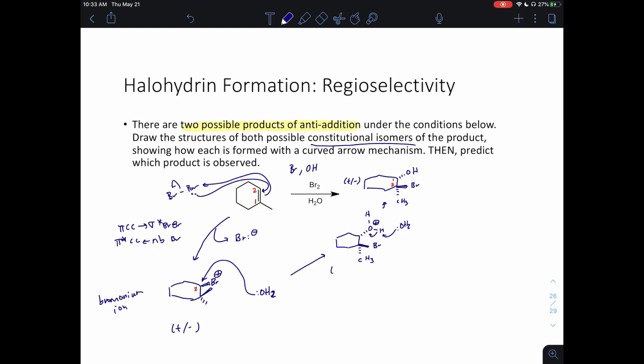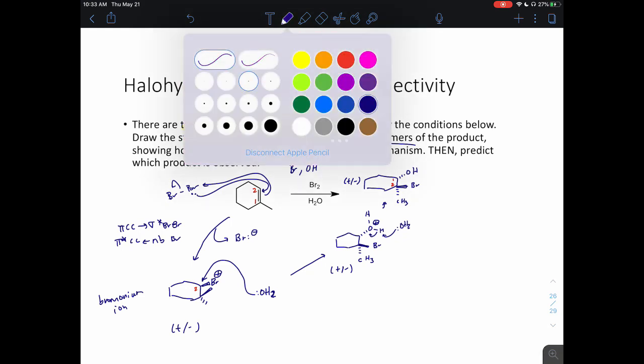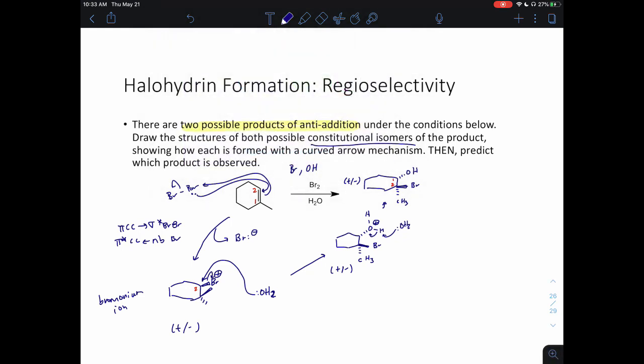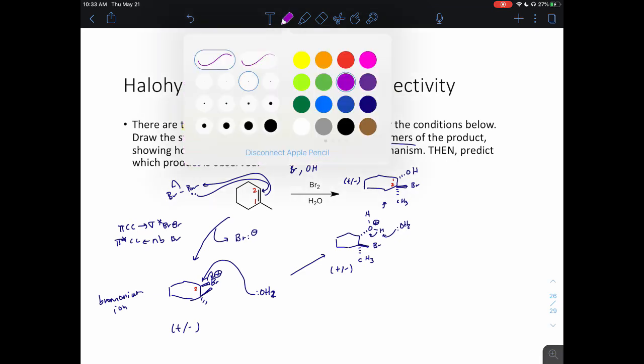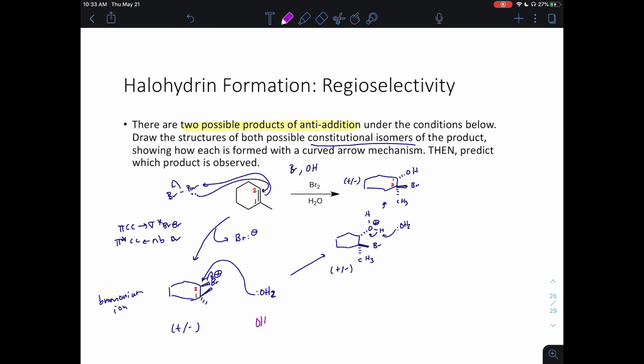Okay. Now the other possibility is that water attacks not what I've labeled as carbon 2, but what I have labeled as carbon 1. Talking and writing, just such a challenge.